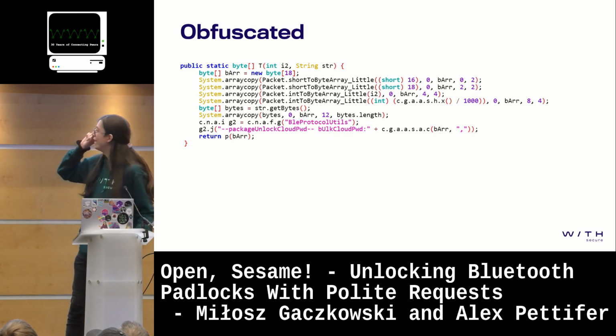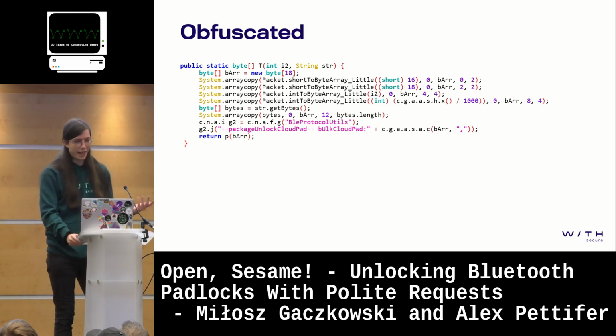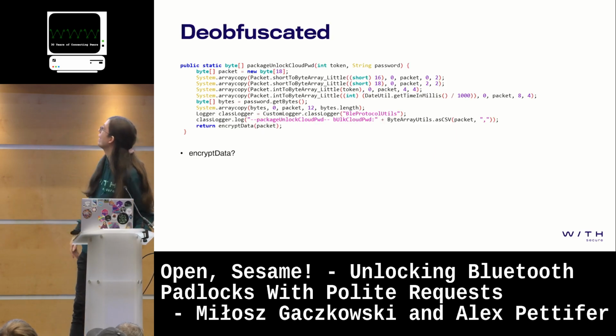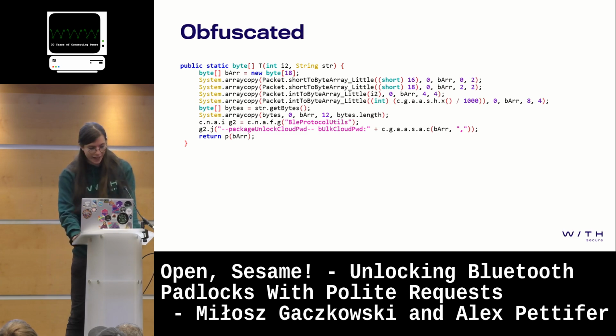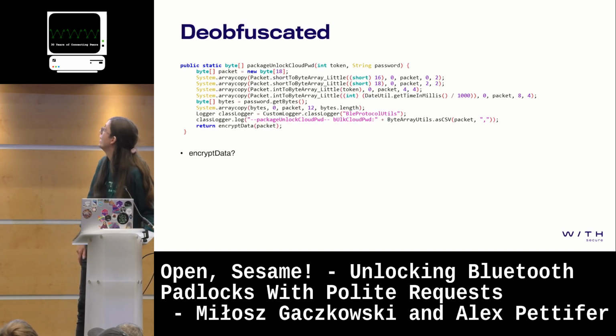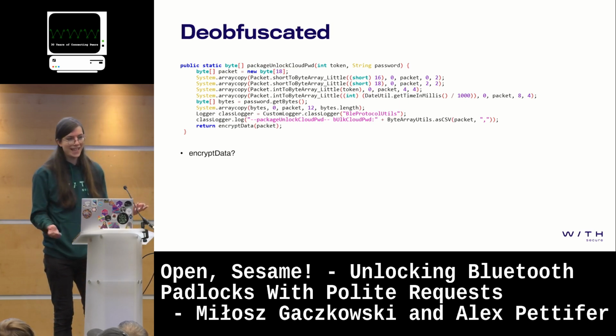So, using that and using other log messages through our other functions, we were able to start deobfuscating things. All of these previously unnamed variables were given nice, friendly names for us, including an encrypt data function.